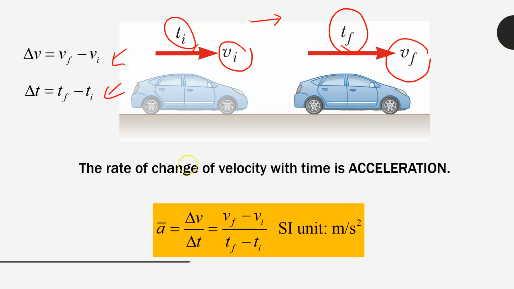In this figure, the car moves along a straight highway. At time ti, it has velocity vi, and at time tf, it has velocity vf. So the average acceleration during this time interval is the change of velocity divided by the change of time. And the SI unit for acceleration is meter per second squared.